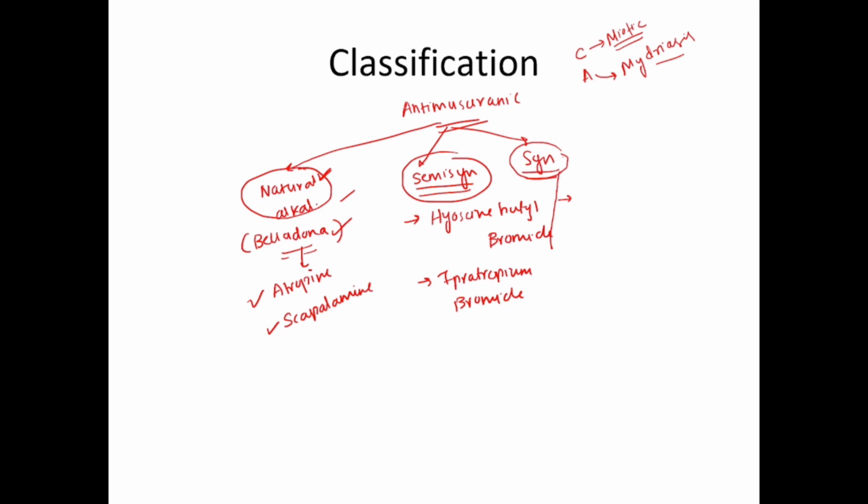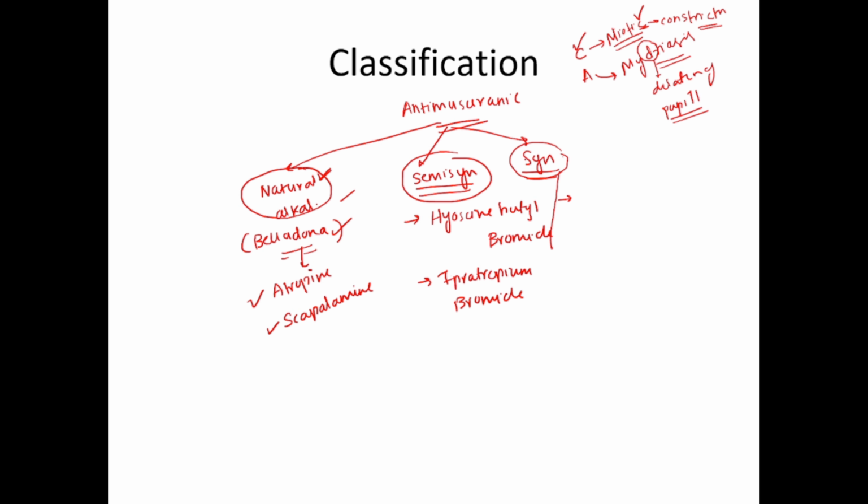You can remember: C for cholinergic system, C for miotic, and C stands for constriction of the pupil. But in the anticholinergic system, you are having a D over here, which stands for dilation of the pupil.